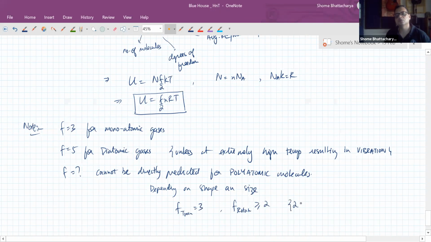So basically they can be 2 or 3, depending on whether it's a linear molecule or a rigid body shaped molecule. And the vibrational degrees of freedom similarly can be 0, 1, 2, etc. They can have different axes about which they're vibrating. Rotational degrees of freedom, generally speaking, is either 2 or 3.